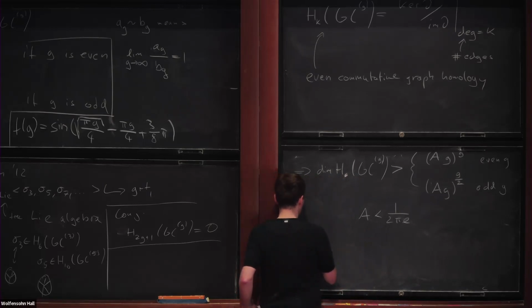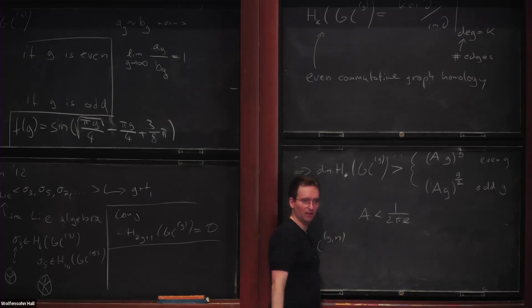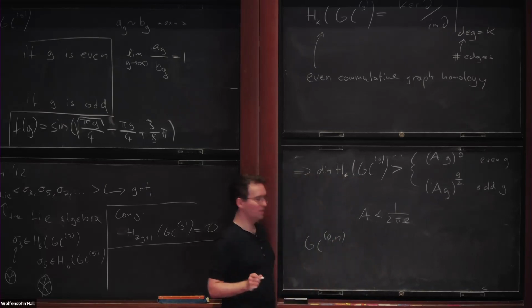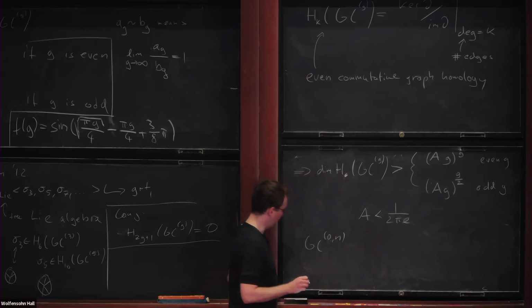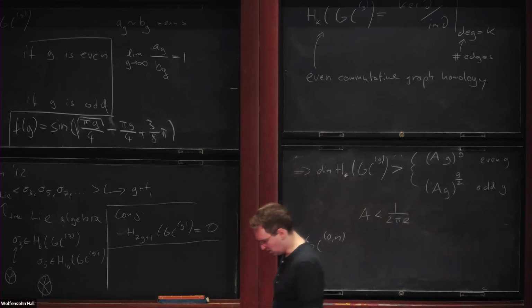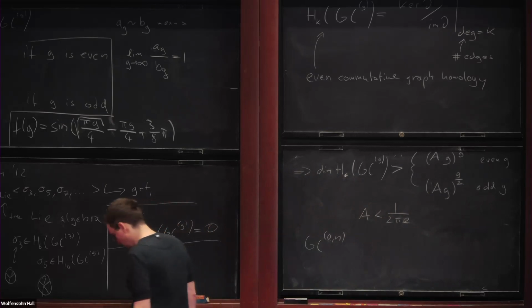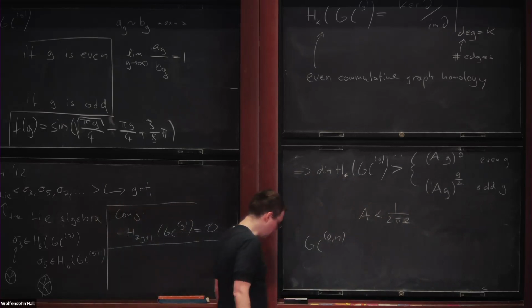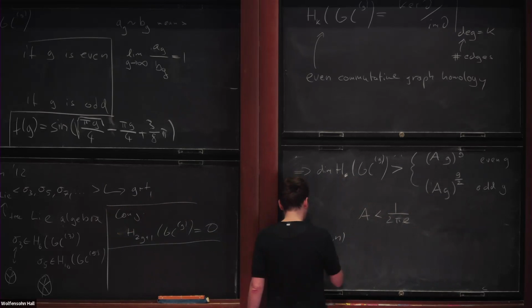We can just upgrade from GC_g to GC_g,n, so we just add leaves to the graph. And then we can say GC_0,n. In the even case, this is something that is known as the Lie operad, and you can study its homology.